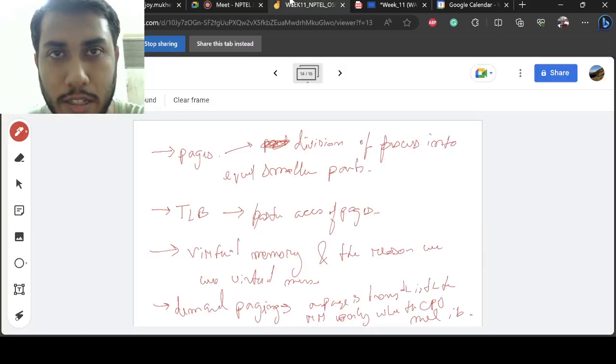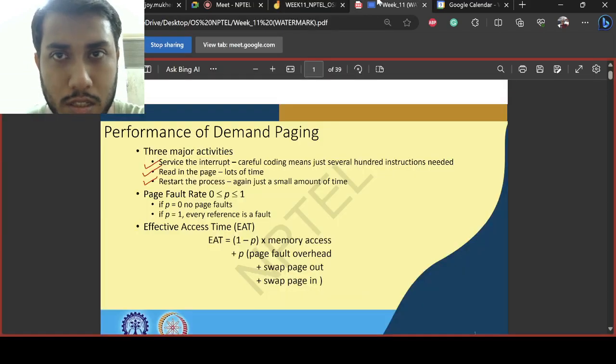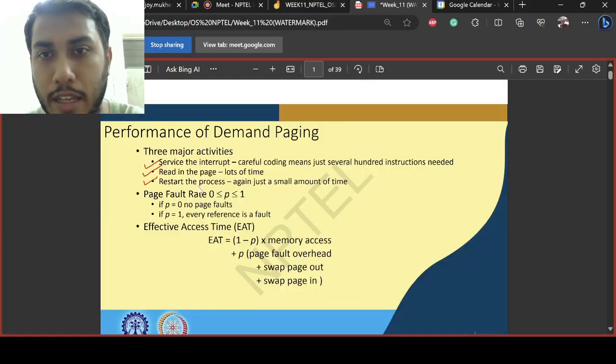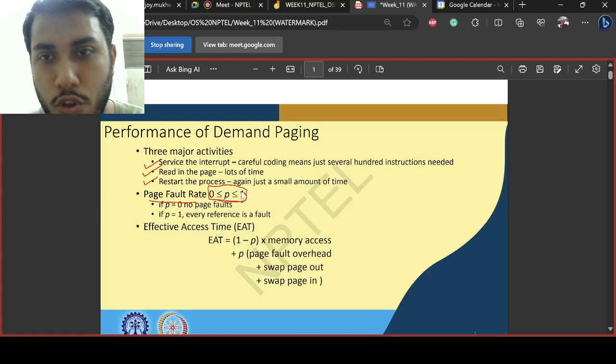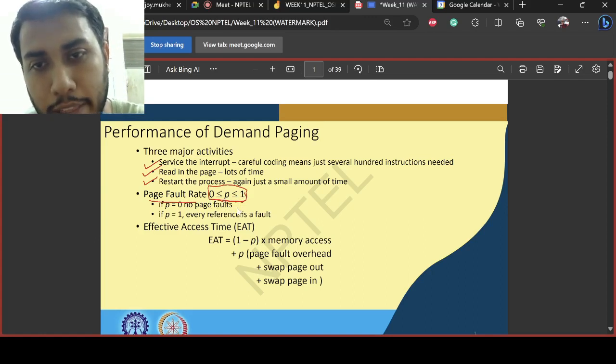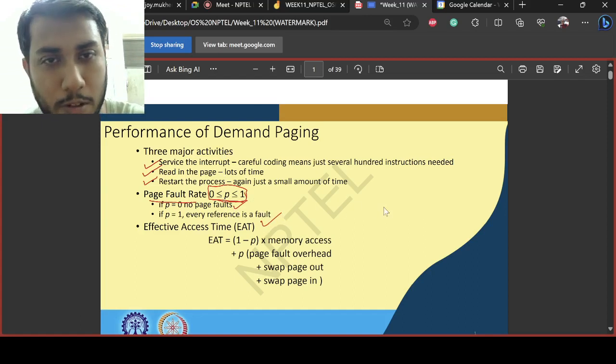So page fault rate is basically a fraction. This is the range of values between which your page fault rate occurs. If P is 0, then there is no page fault.